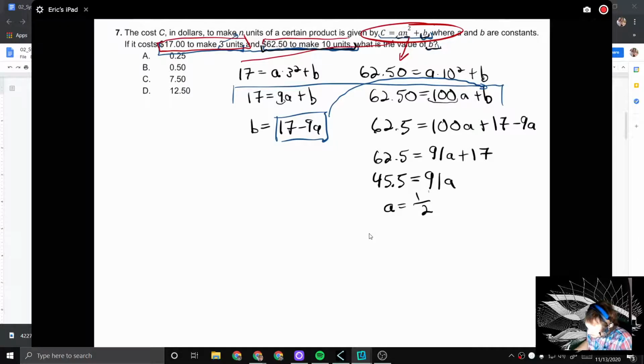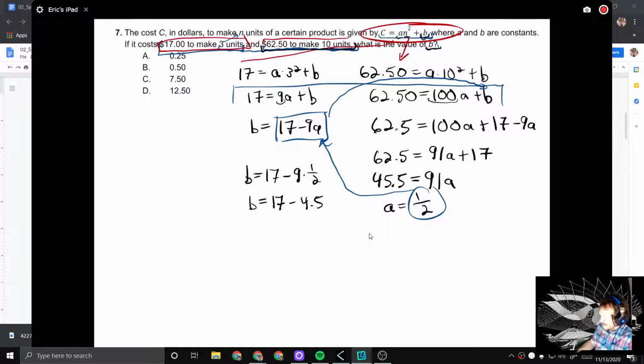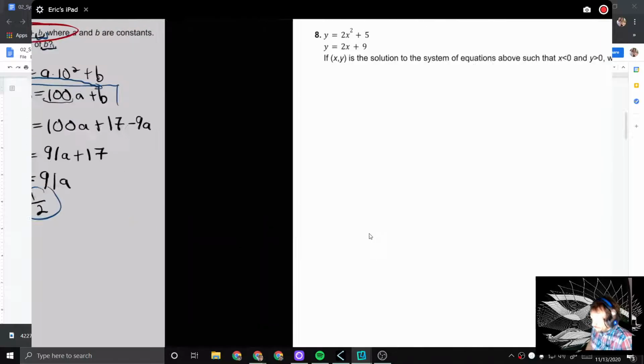I'm going to take this 1/2 and plug it in for a right here. So b equals 17 minus 9 times 1/2. 9 times 1/2 is 4.5. B is 17 minus 4.5. 12 and a half and 4 and a half makes 17. Okay, so 12 and a half is my answer, and it's right there.